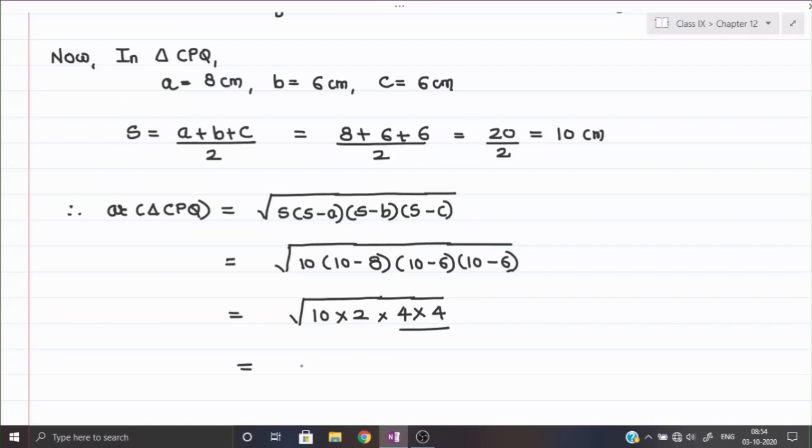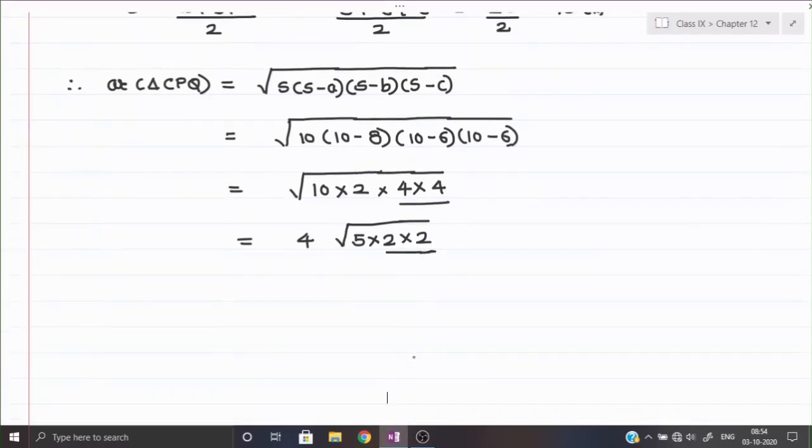So 4 is going outside. 10 I can write down here as 5 into 2, and 2 is already there, so one more pair of 2 is completed, so that will go out. So finally what do we get here? That 2 is going out and multiplying with 4, so it becomes 8. So this will become 8 under root of 5 centimeter square.